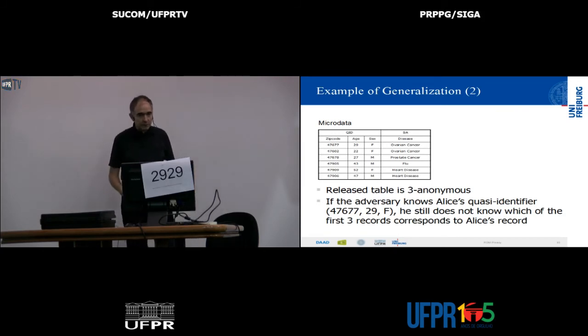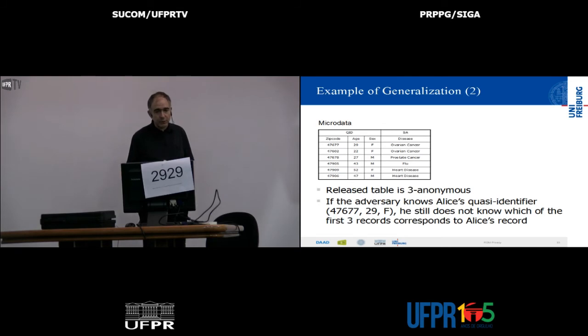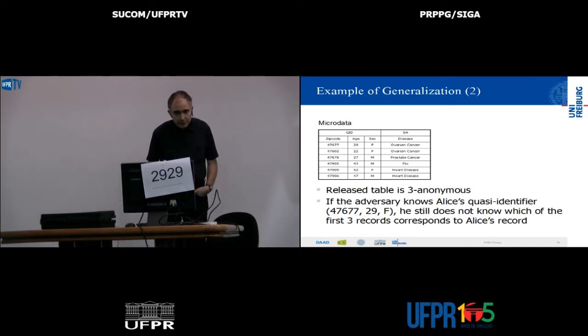Let's go to some microdata somewhere else. This release table here with these quasi-identifiers is 3 anonymous. However, if the opponent, the attacker, knows Alice's identifier being zip code 47677, age 29 and female, it's still not clear about the first 3.